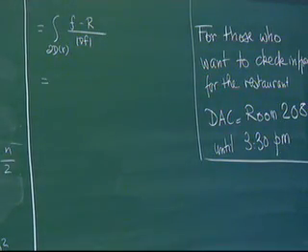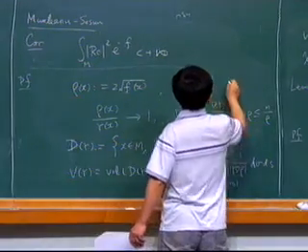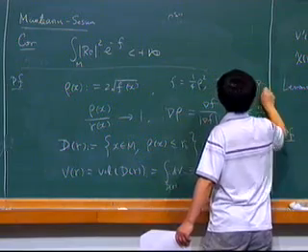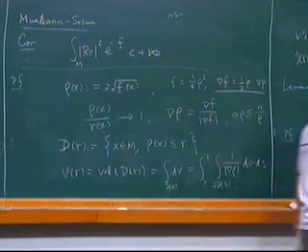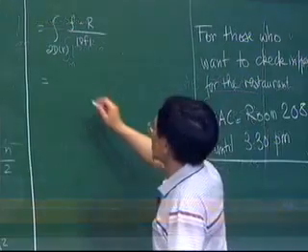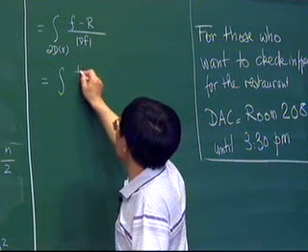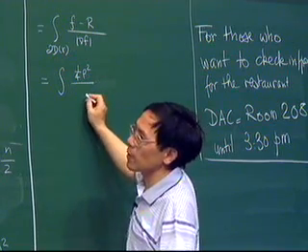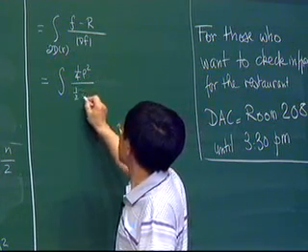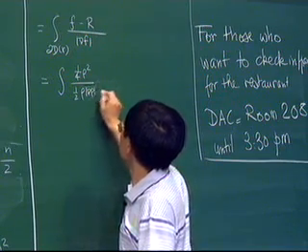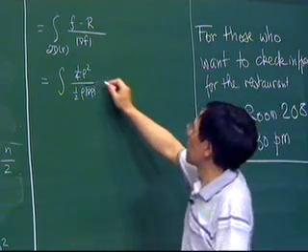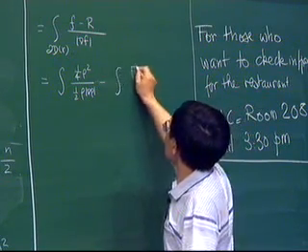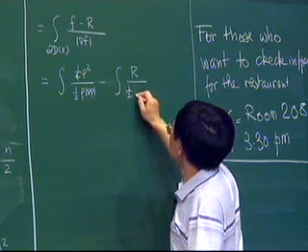We have f equal to 1 over 4 rho squared. We have gradient f equal to 1/2 rho gradient rho. So this is 1 over half rho squared. Here we have half rho gradient rho minus r.